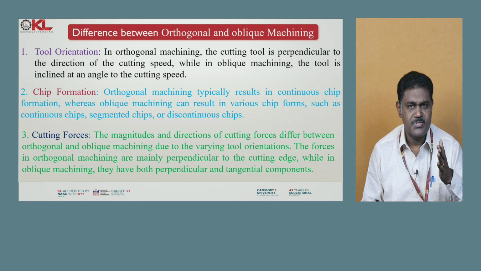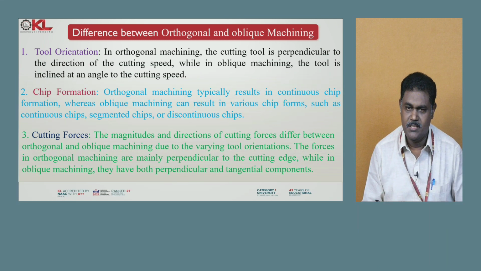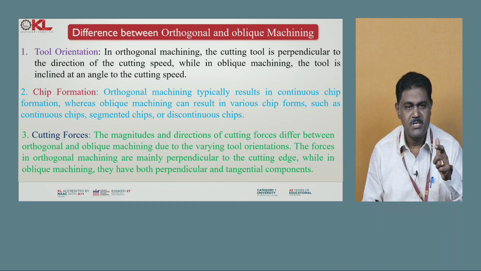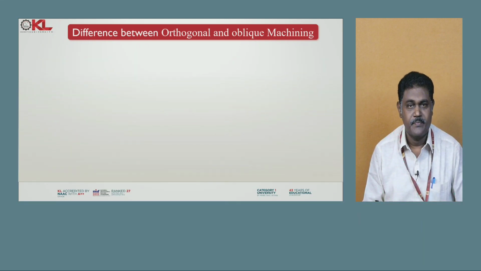Cutting forces: the magnitudes and directions of cutting forces differ between orthogonal and oblique machining due to the varying tool orientations. The forces in orthogonal machining are mainly perpendicular to the cutting edge, while in oblique machining they have both perpendicular and tangential components.